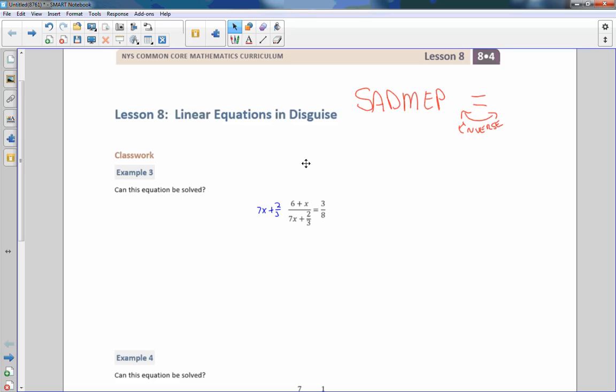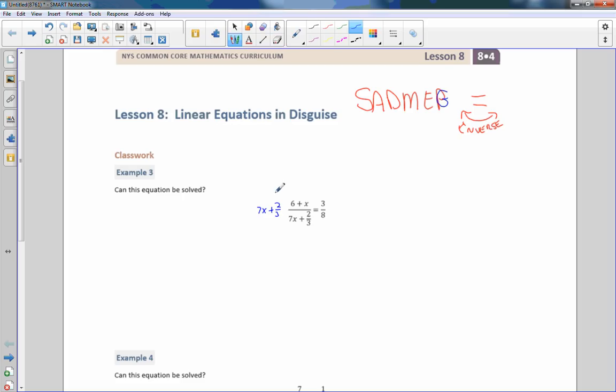And so you'd say, well, 6 plus x, I can't do it. And 7x plus 2/3, well, I don't know what x is, so I can't add that. And then we have a division symbol. Well, let's consider these groups. This is a group, and this is a group in that parentheses. So that's when some people call this SADMEG, grouping. Okay, so we have to consider those as being groups.